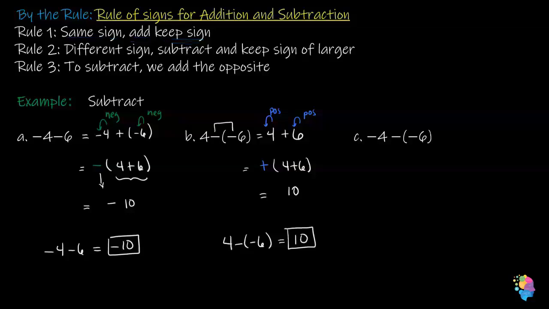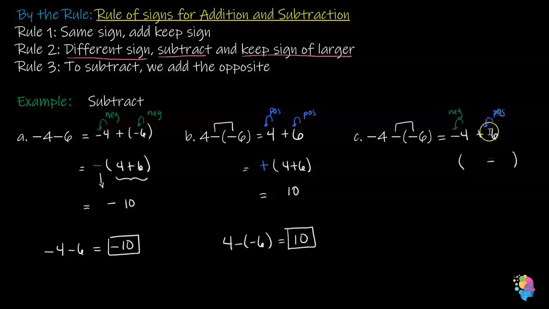Let's try it again. They're asking us to subtract negative 4 minus negative 6. We bring the first value. The minus will turn that into a positive 6. When we check the signs, we're going to notice that 4 is negative and that 6 is positive. Because this time they have different signs, we're going to subtract, and we keep the sign of the larger.